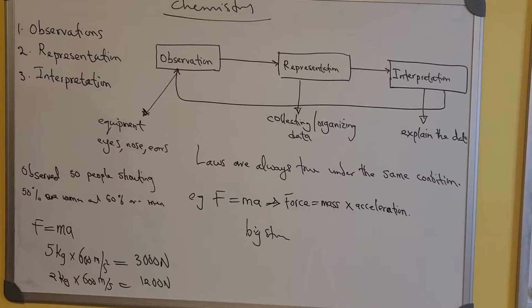But what is a theory? A theory is a principle that explains a body of facts. Okay, it's just a principle that explains a body of facts. Those laws that are based on them, that is a theory. It explains something. So for example, you have the Big Bang theory.